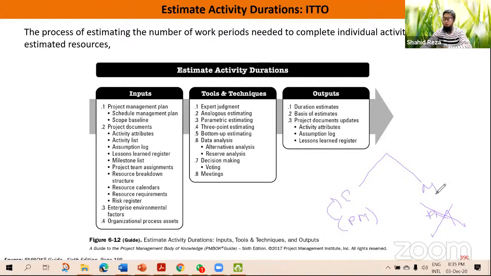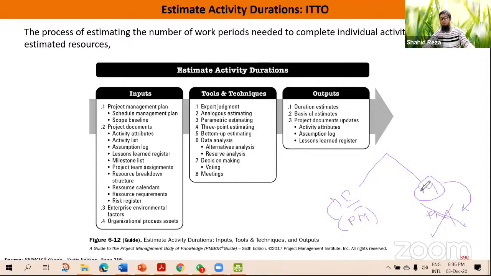If a situation occurs, you request the management for extra fund, additional fund. Only if management approves can you use that fund. Another very important thing is contingency reserve is part of the schedule baseline, but management reserve is not part of the schedule baseline. These are the differences between the two reserves.